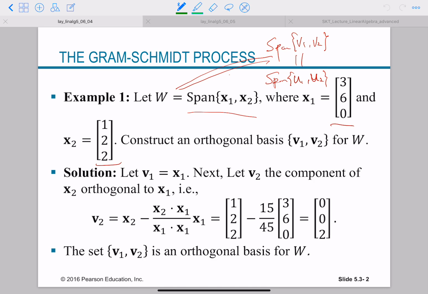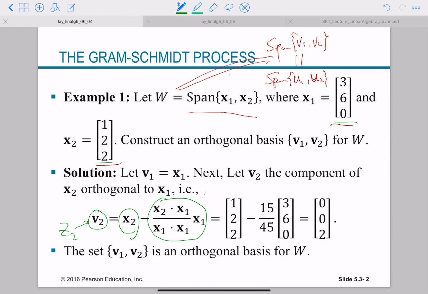So in this case, we consider this x2 and its orthogonal decomposition. x2 is the sum of this part plus v2. This is the z2 that I wrote.